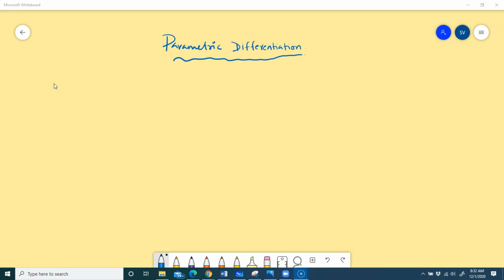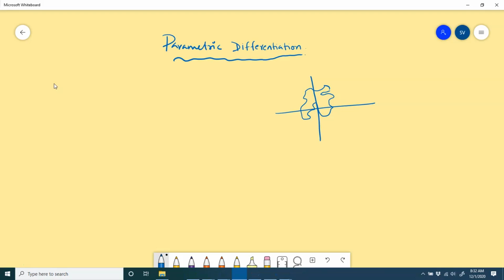These functions have graphs something like a graph like this. So the function is around a parameter.